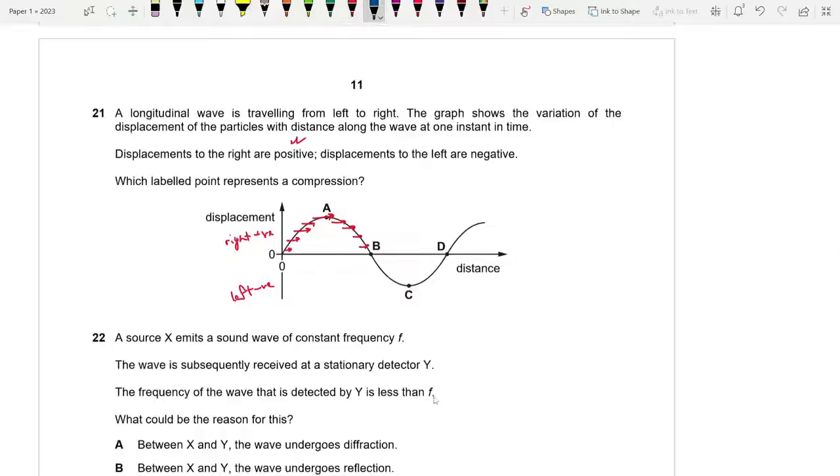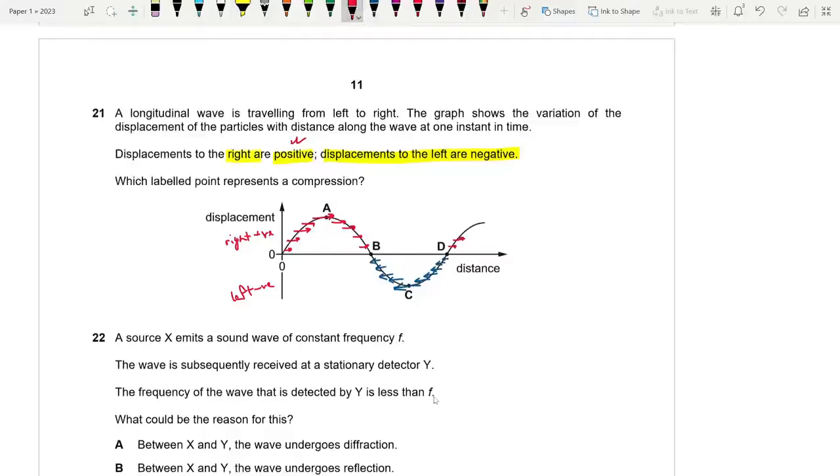And after this point B, it will again increase, but in the opposite direction, because negative displacement means that it is to the left. That is what they said. Displacements to the left are negative and right are positive, right? And then again here we are going to increase again, but in the opposite direction.